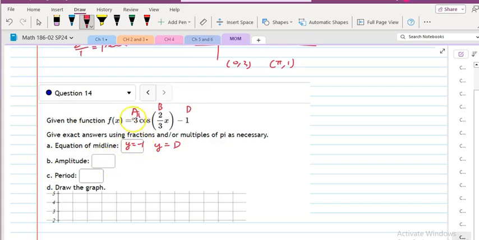Amplitude would be 3, the absolute value of A. Period is 2 pi over B. That means 2 pi over 2 on the third, 2 pi times 3 over 2. So it would be, oh, this 2 cancels, pi over 3. Period is pi over 3.